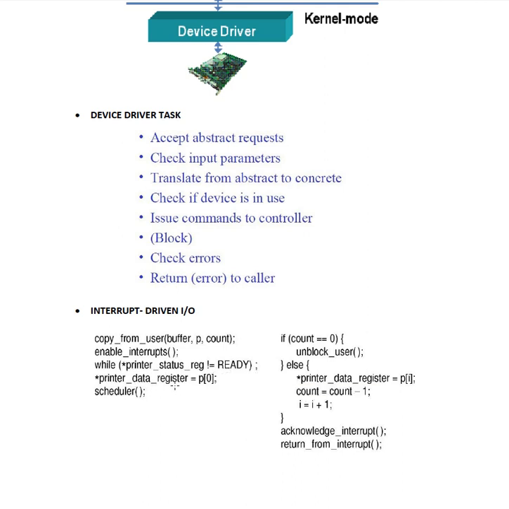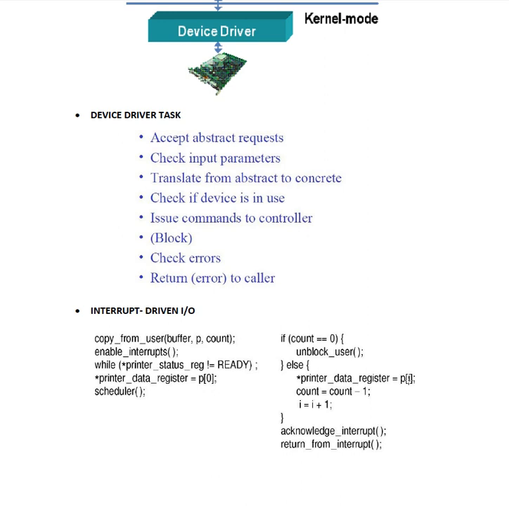If it is in the ready state, then the printer initial point is verified until the entire data is being sent, and finally the printer data register flag becomes 1 based on the number of data you are transferring, based on the count values.